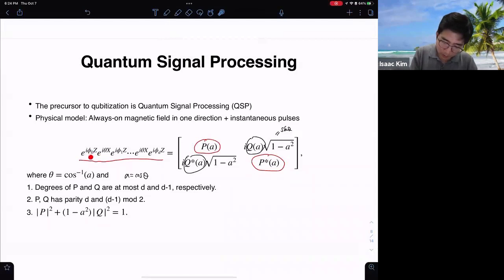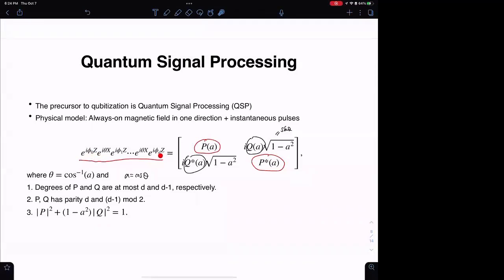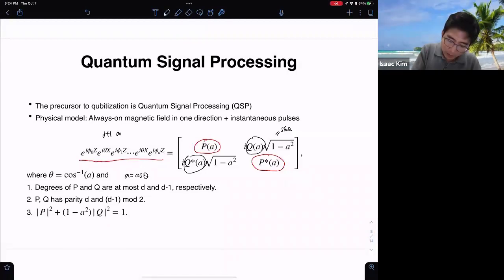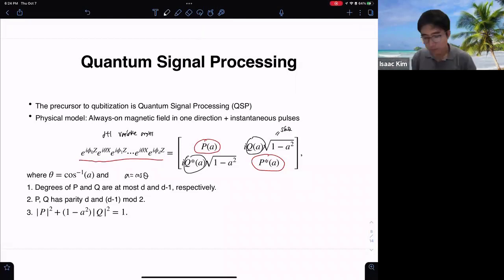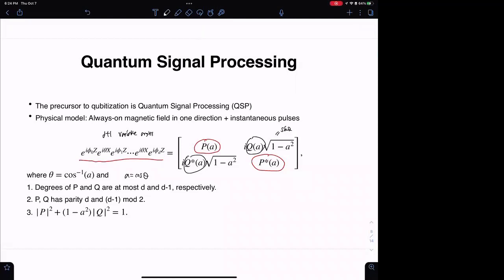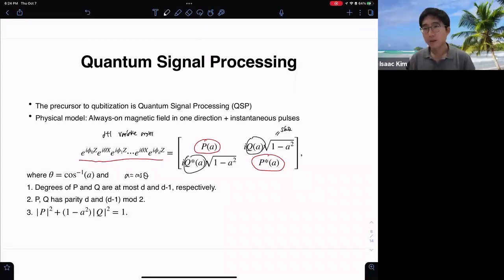There are angles from phi 0 all the way to phi d, so there are a total of d plus 1 variable angles. And the information regarding phi 0 through phi d enters into the coefficients of these polynomials. Precisely, yes, that's right.